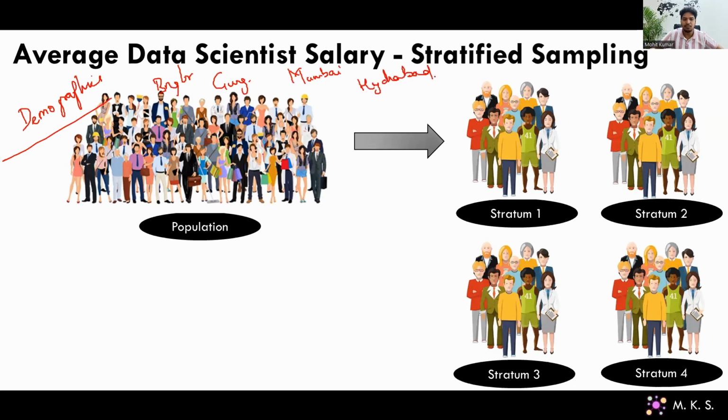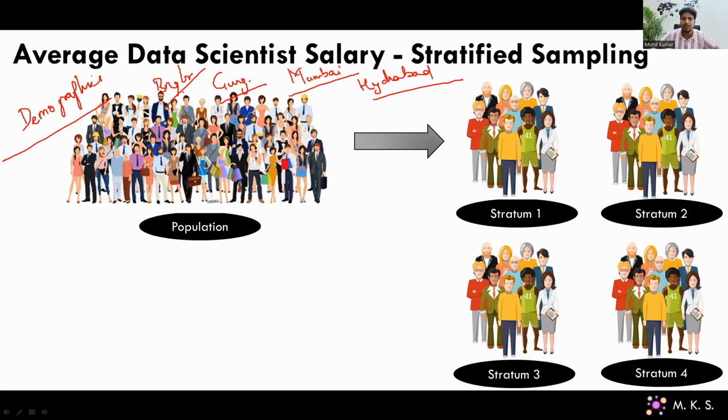Now these are the four different subgroups which are present in our population, and we know that we need to get the accurate average data scientist salary. We need to collect equal samples, not equal samples, but our sample should have the same proportion of data scientists in this, right? So now we need to pick elements from each city as well, right?